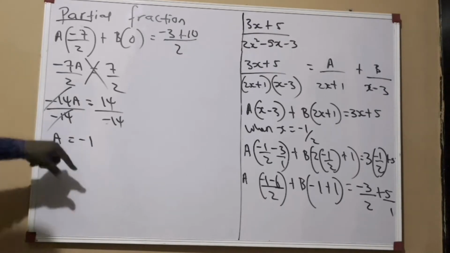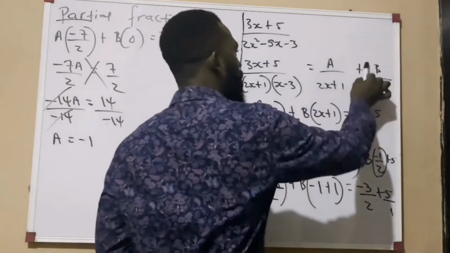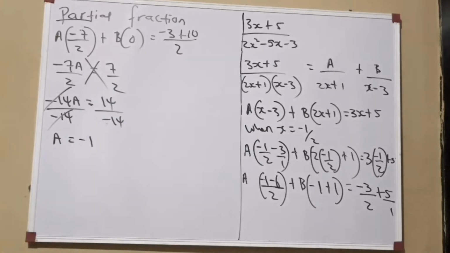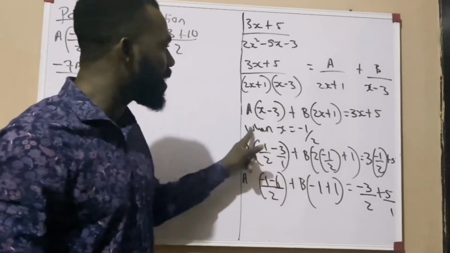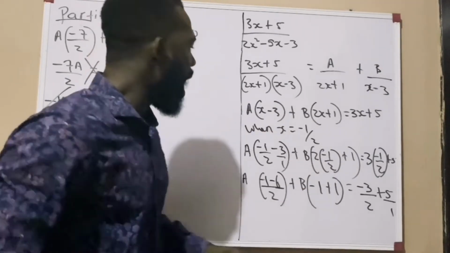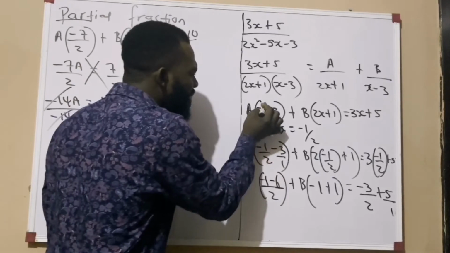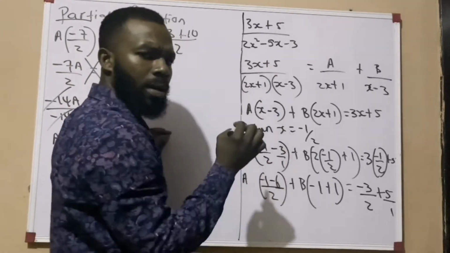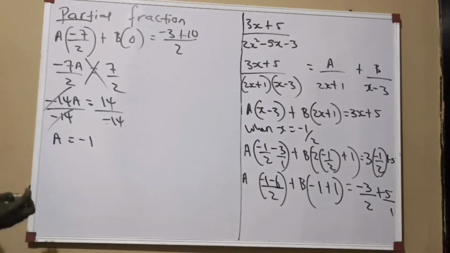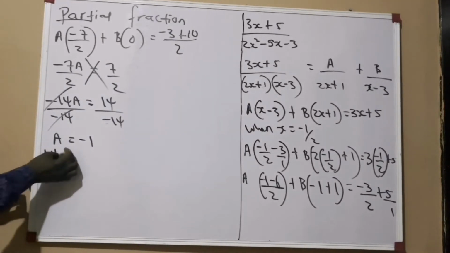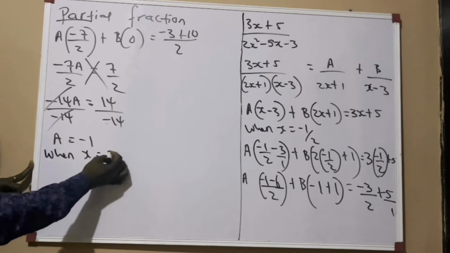Okay, now that I've gotten A, what's the next thing we're going to solve for now? For B. Okay, for B. Now to solve for B, again, I have to make sure everything A carries is 0. And for A to be 0, it means X here will be 3. Because 3 minus 3 gives us what? 0. So I will write when X equals to 3.